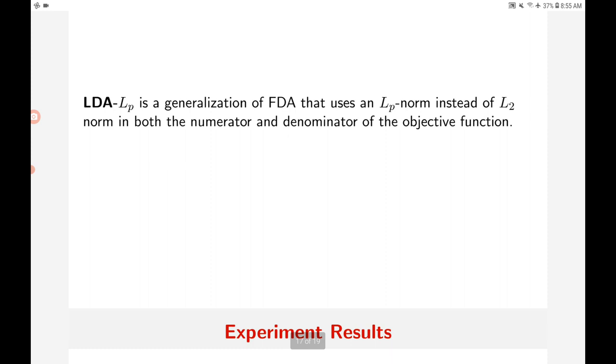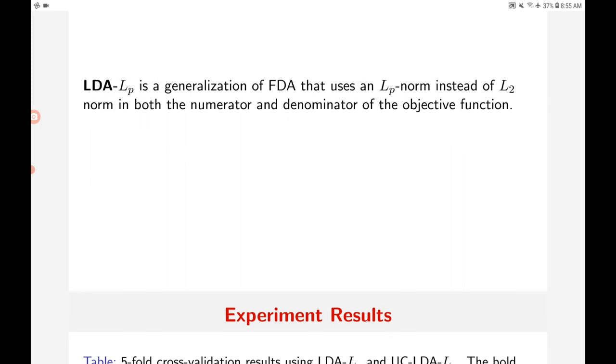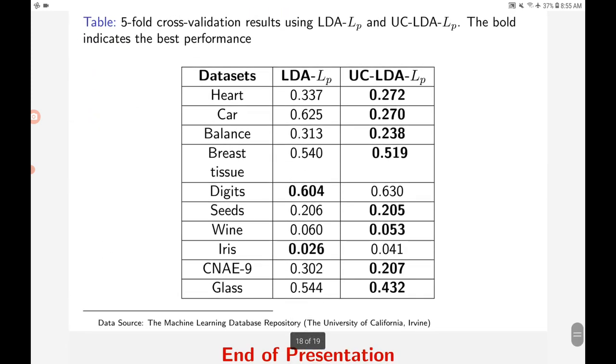And we also try to apply our framework to LDA-LP, which is a generalization of Fisher discriminant analysis that uses an Lp norm instead of the L2 norm in both the numerator and the denominator of the objective function. And this is the result, and the bold one indicates the best performance.